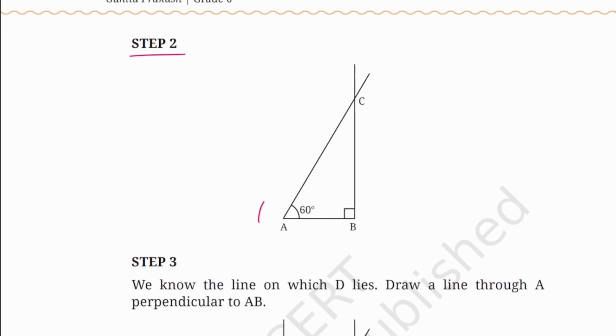Put the protractor at A and draw an angle equal to 60° like this. This angle is 60°. This line will meet the perpendicular at point C.